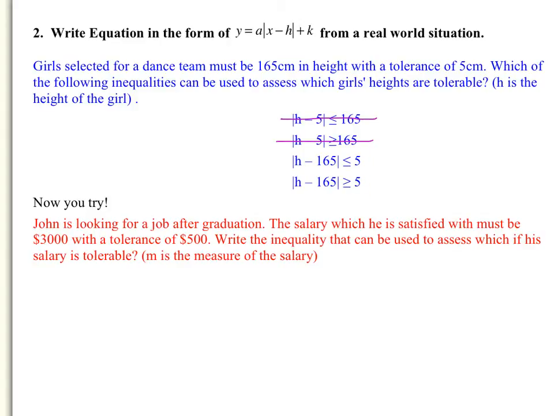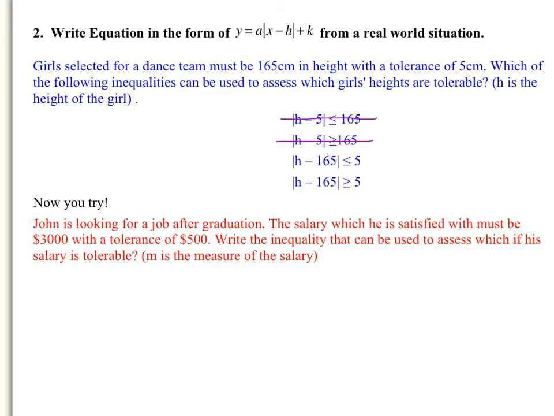So now we just have to decide, is it less than or greater than? Or excuse me, less than or equal or greater than or equal. So if we look at this part of the word problem, the tolerance of 5 centimeters, what this means is she can be no more than 5 centimeters taller and no more than 5 centimeters shorter.